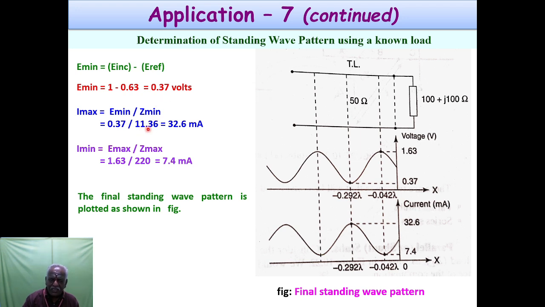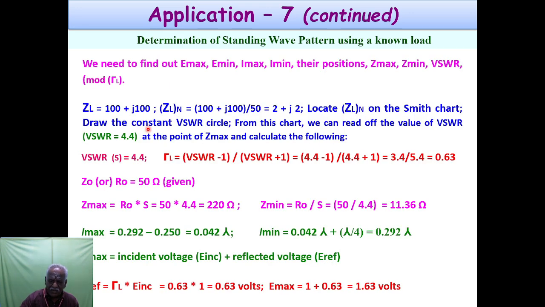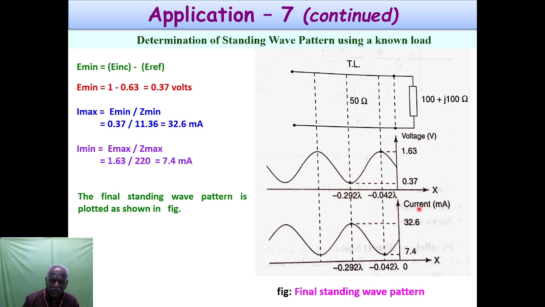Similarly, I minimum is equal to E maximum by Z maximum. That will be the current minimum.